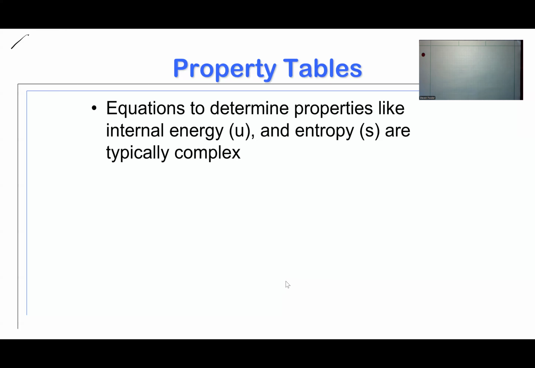Okay, so that's a brief, quick rundown of the property tables and how they work. Again, the equations needed to actually estimate a U or an S value can get complex, and you also have to guess, should I use this equation for this pressure temperature combination, this equation for that combination, and all that work has been done for us.